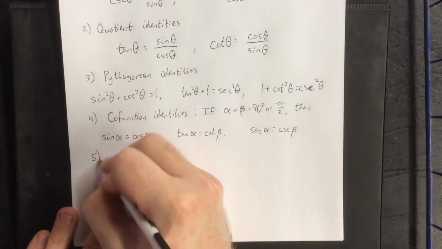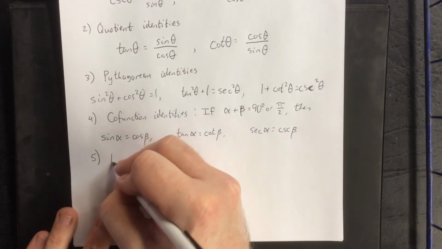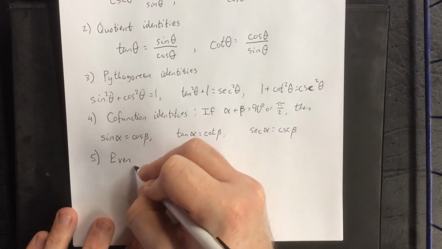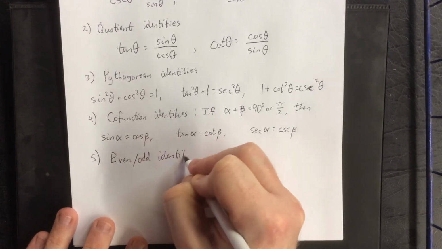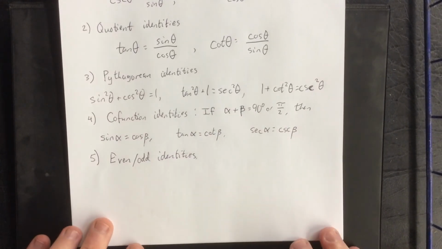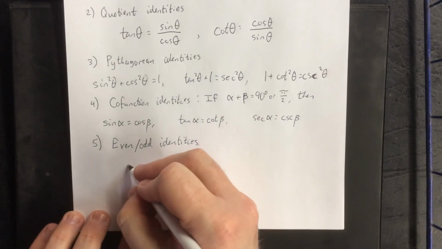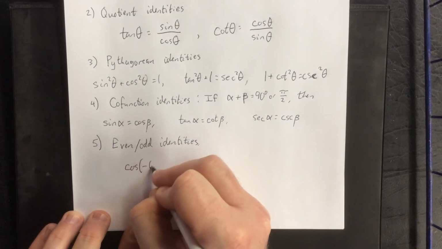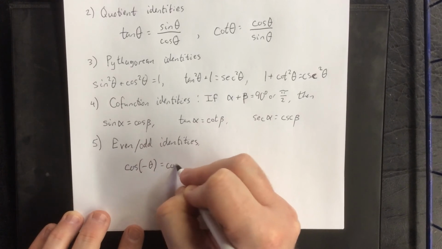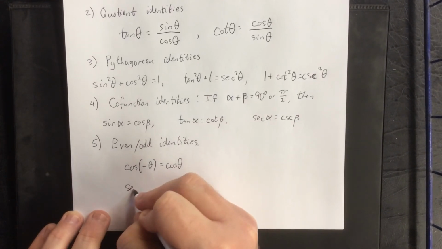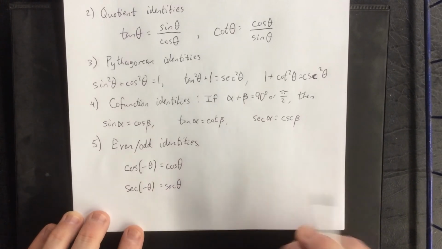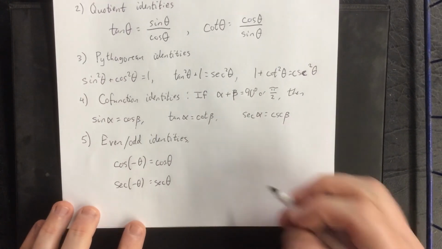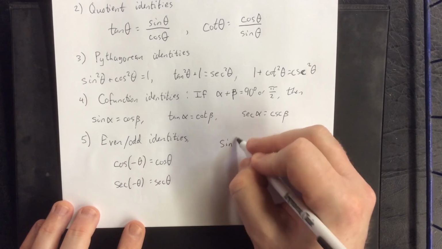And finally, we added to this in section 7.5 with our even and odd identities. Two of our trigonometric functions are even functions. Cosine of negative theta is the same as the cosine of theta, and the secant of negative theta is equal to the secant of theta. We say that these two functions are even. The other four are odd.